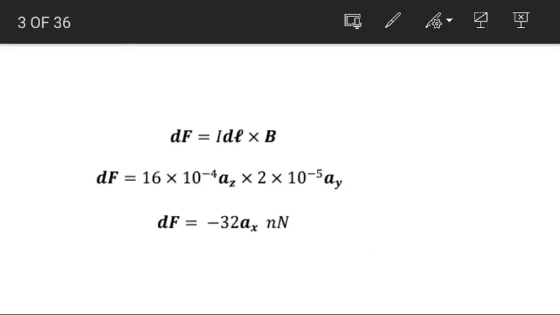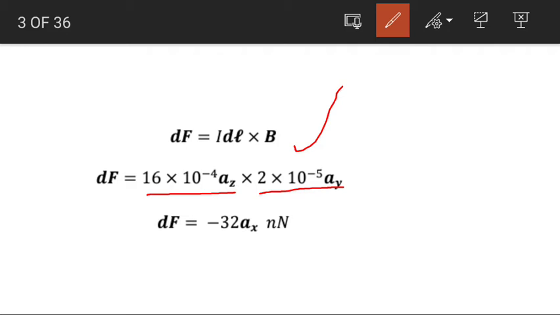So we know that the differential force is equal to I dL cross B. So if we multiply the current by the differential length vector, we get 16 × 10^-4 AZ. And the magnetic flux density is 2 × 10^-5 AY.